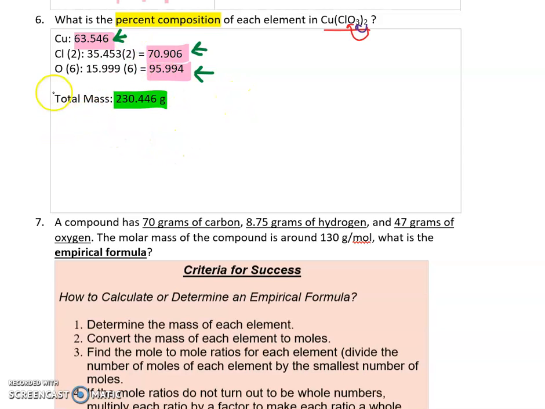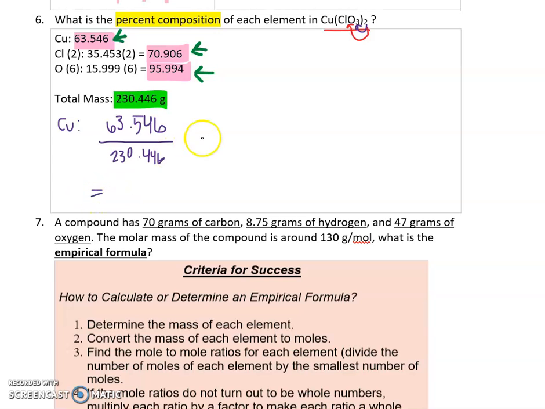If I wanted to find the percent mass of copper, I'm going to have the mass that I have of copper, 63.546, and divide that by my total mass of 230.446.